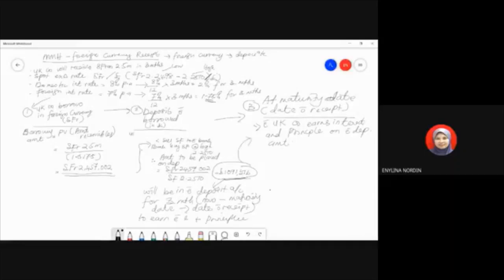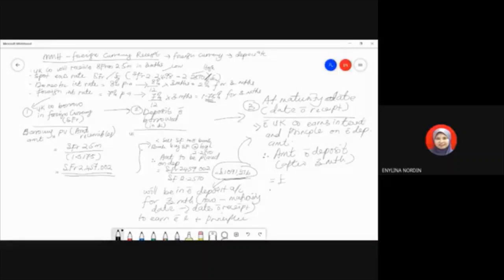So after 3 months, the amount of deposit becomes how much now?